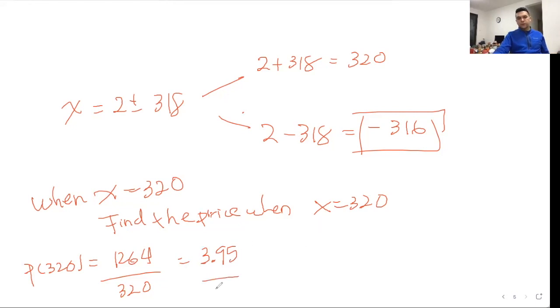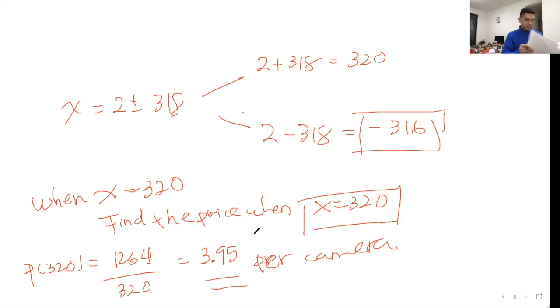So that's going to be it. This is the price per camera. So when supply is the same as demand, we got the number of cameras being 320 and the price being $3.95. Okay, so that's it for this.